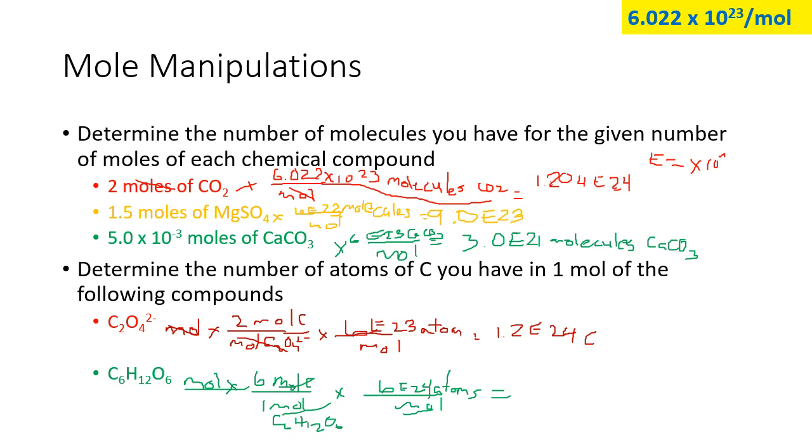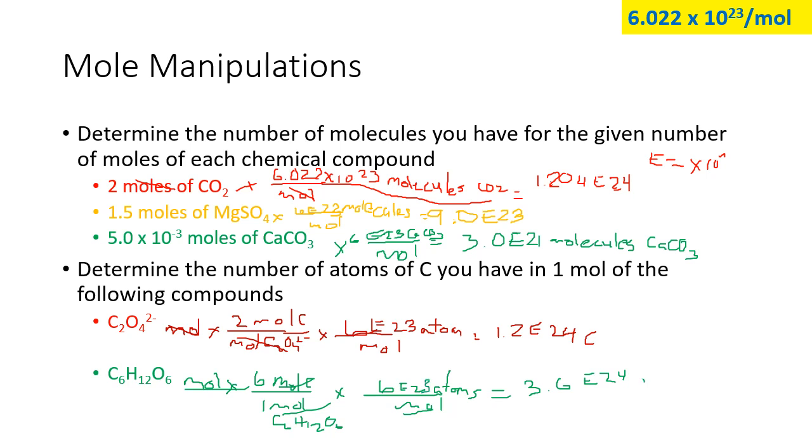Okay, and so then what are we left with? If we take 6 times our 6 times 10 to the 24th, we will get 3.6 times 10 to the 24th. Sorry, I was reading the wrong line of my notes. So this should be 10 to the 23rd. Boy, I hate it when I do that.